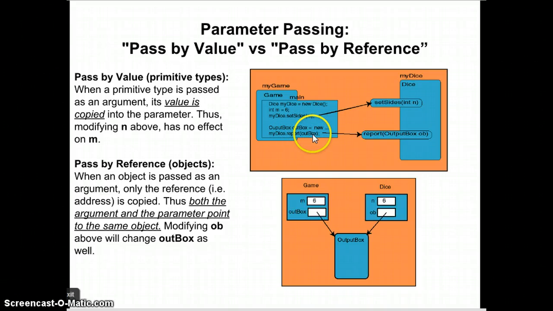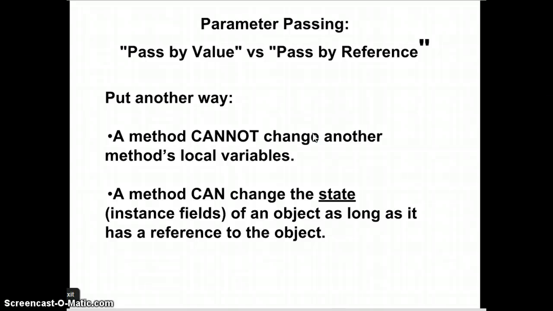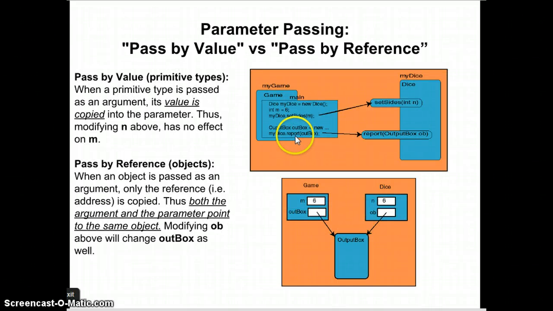So if you print out outbox at this point, it will appear that it has been changed, and it actually has been changed. So the report method can modify the state of the object that it has been passed.